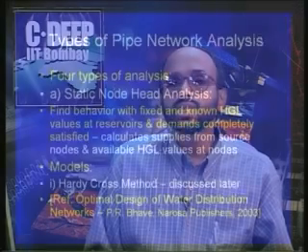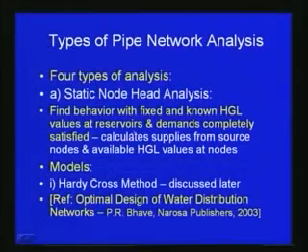So, first one is the static node head analysis. Here we find the behavior with the fixed and known hydraulic gradient line values at reservoirs and demands completely satisfied, such that we calculate the supplies from the source nodes and available HGL values at each node.